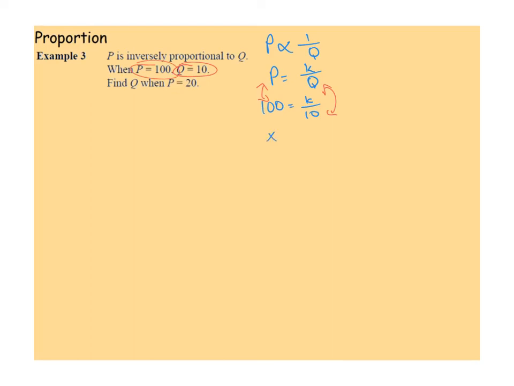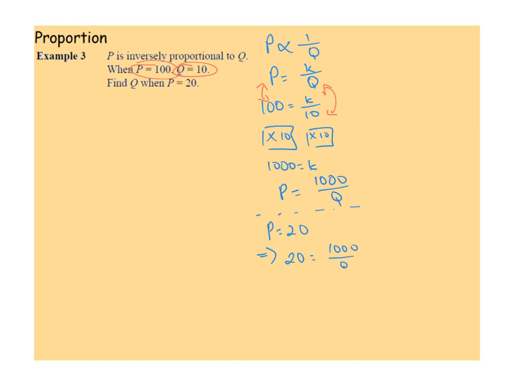So if I multiply both sides by 10, then I get K is 1000. So that tells me that P is 1000 over Q. And now we can go on to finding Q when P equals 20. So I'll multiply both sides by Q. Divide both sides by 20.